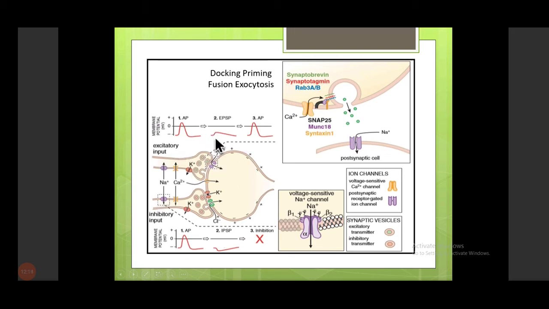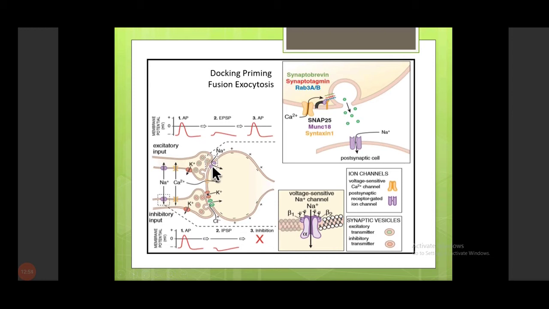If this EPSP crosses the threshold value, an action potential is generated, which subsequently passes on to the next neuron. Similarly, when an inhibitory input comes, the opening of chloride ion channels is facilitated. In some cases, when the input is excitatory, sodium ion inflow would be there. In some cases, where the input is inhibitory, chloride ion channels would open, for example the benzodiazepine chloride ion channel.